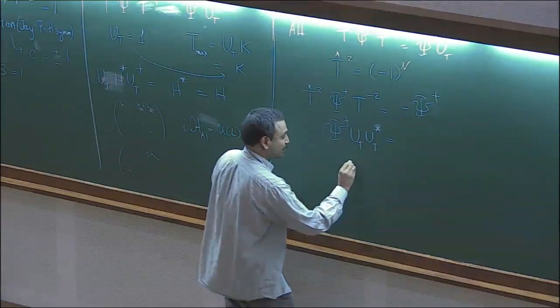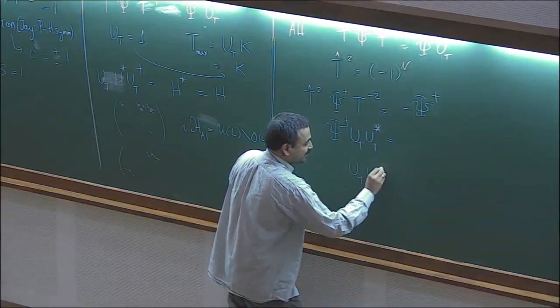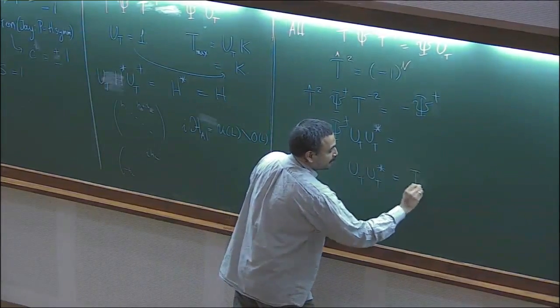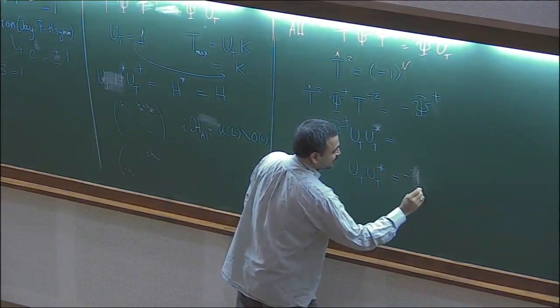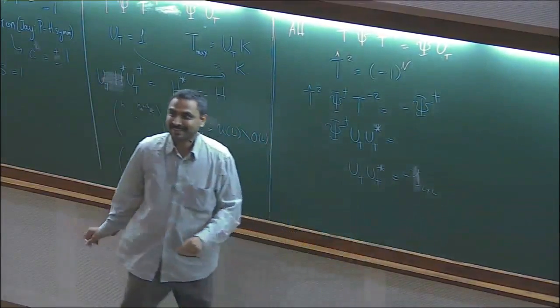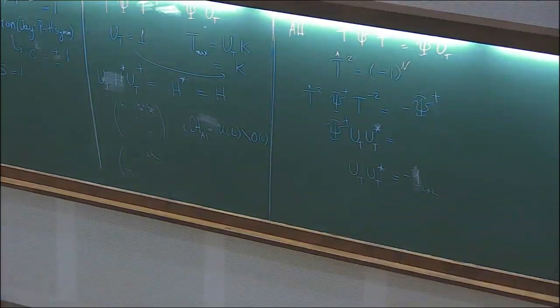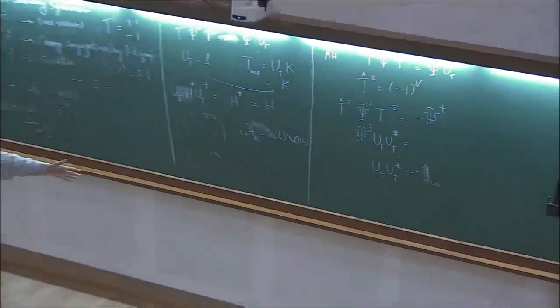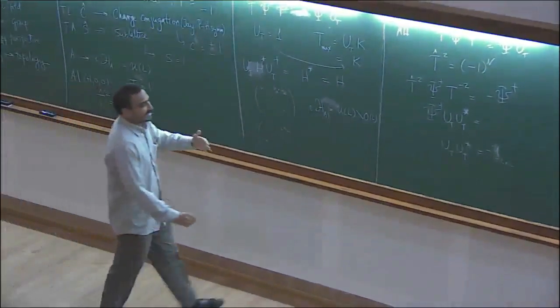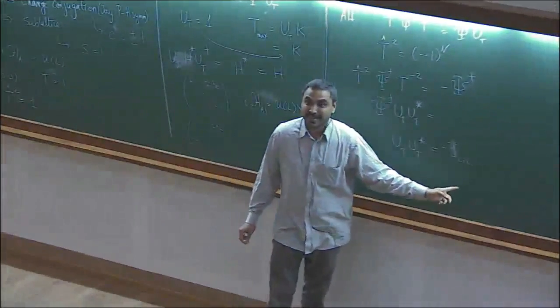You see this very beautiful result that U_T U_T* is equal to minus the L by L identity. Before you try to find U_T, you can already see something extremely beautiful here: L has to be necessarily even.